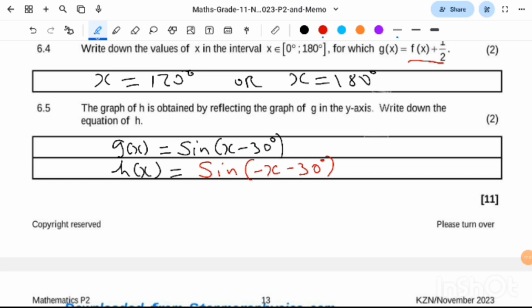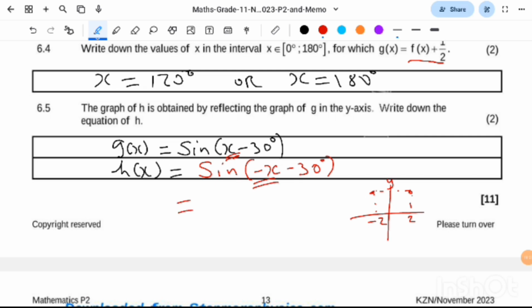Because when you reflect a graph, if this point is here and you reflect in the y-axis, it will be right there. The only value that changed is the value of x. The value of x was 2, and the value of x here is now negative 2. Hence, we only go to where the x is and put a negative. And that's it. That is the answer.